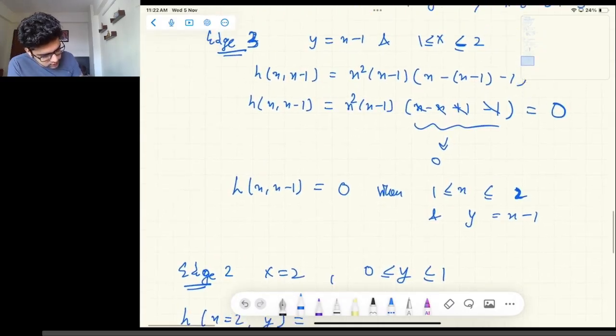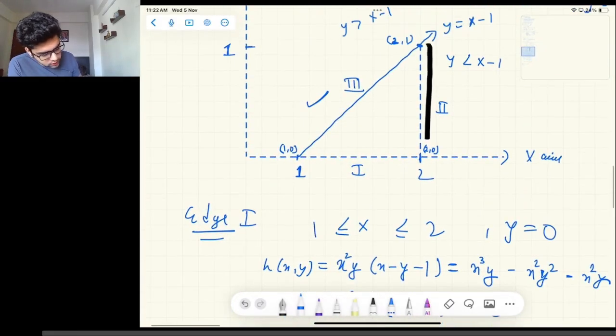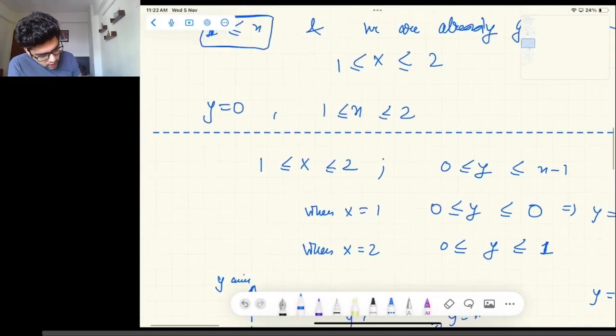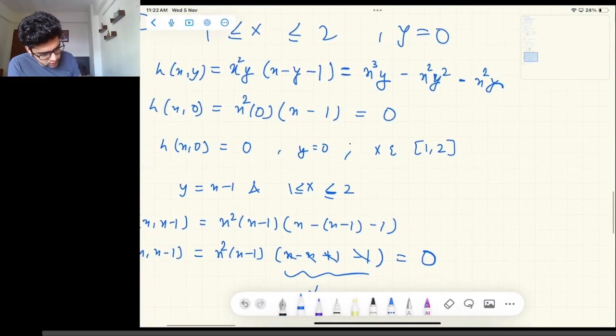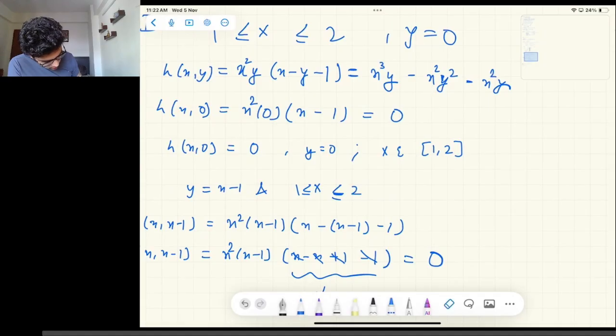If I substitute x is equal to 2 comma y in this function, I'll be getting, wait a minute, where's the function? Yeah, this was my function. I'll just copy this part and duplicate it.